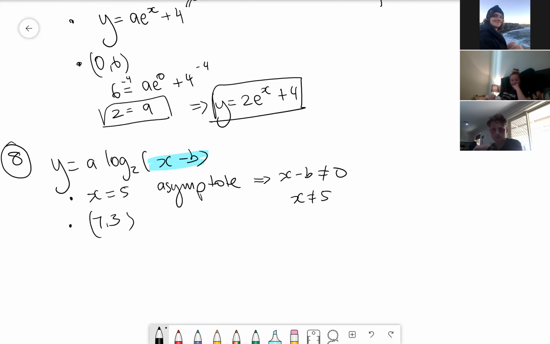So if x minus b cannot equal 0 and x cannot equal 5, well, you can just take b over to the other side here and say, we know x cannot equal 5 and we know x cannot equal b. So b equals 5. Perfect. So we know b is equal to 5.